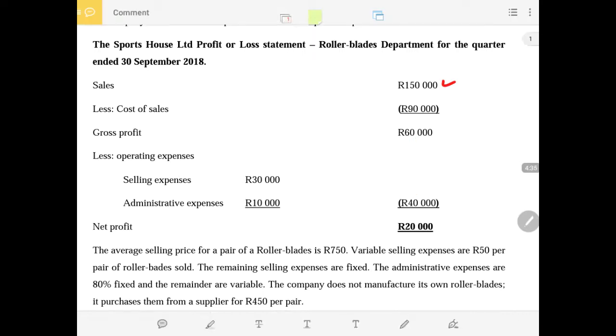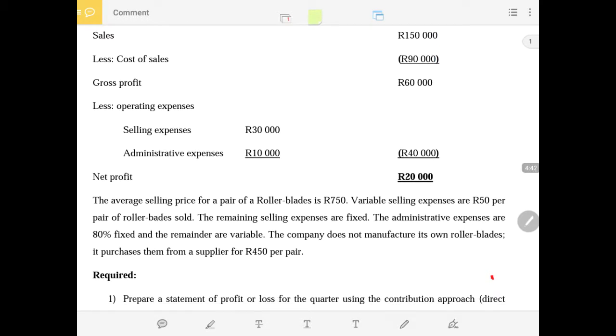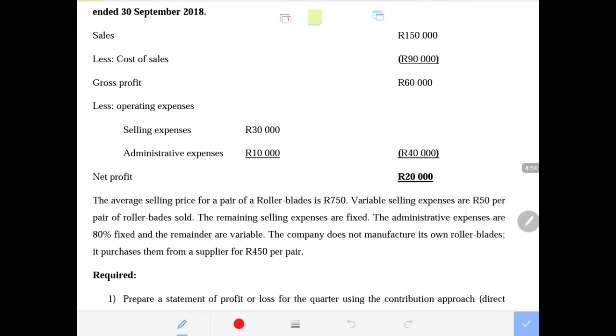rands. Obviously, tax still has to be taken into account, so we can just say it's a profit. But it's a net profit after all the expenses have been taken into account, excluding taxation expense and finance cost where necessary. Then we are told that the average selling price for a pair of roller blades is 750.